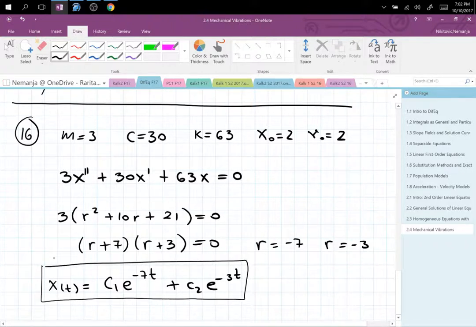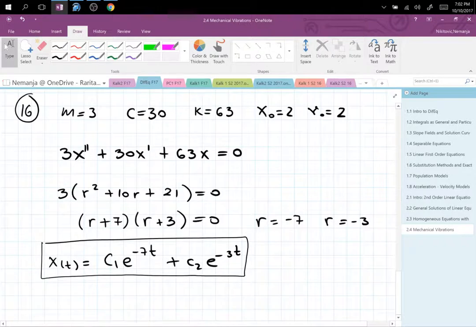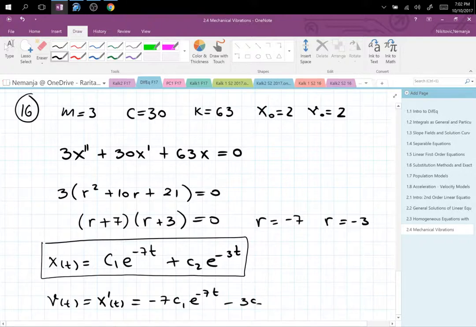So that's your x of t, and now you need your v of t, which is x prime of t. Remember that x is a distance, right? When you differentiate distance, you get velocity. That's why they give you v0 of 2. So when you differentiate this, you get negative 7 c1 e to the negative 7t minus 3 c2 e to the negative 3t.